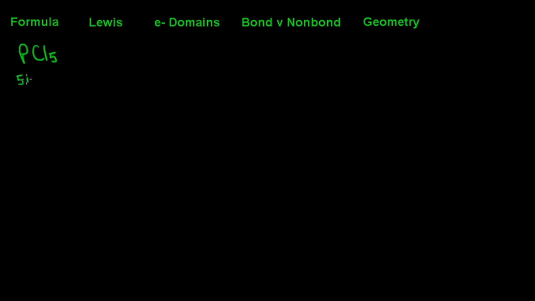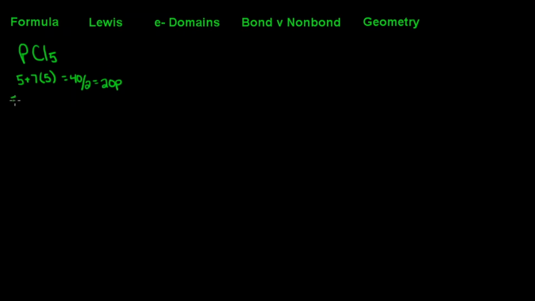5 plus 7 times 5. 7 times 5 is 35, plus 5 is 40, divided by 2. Yikes. It's a lot of electrons, 20 pairs of electrons, and I did not leave myself enough room.